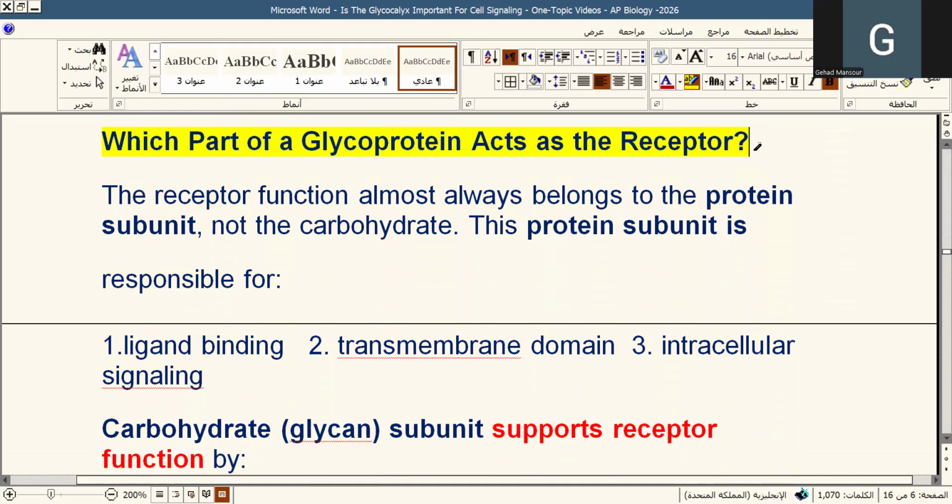Most receptors were protein in nature. So in the glycoprotein molecule, is it the carbohydrate part or the protein part? The receptor function almost always belongs to the protein subunit, and this is, of course, very expected.